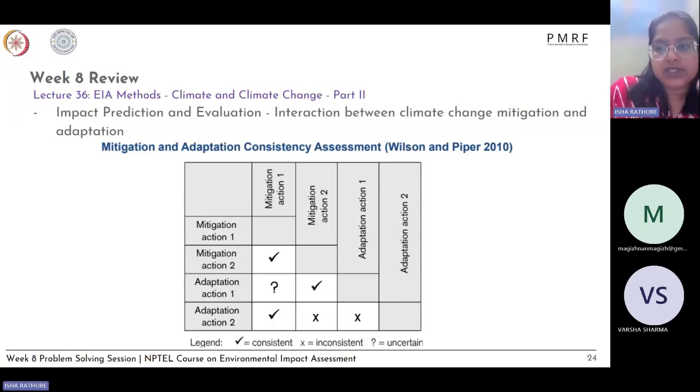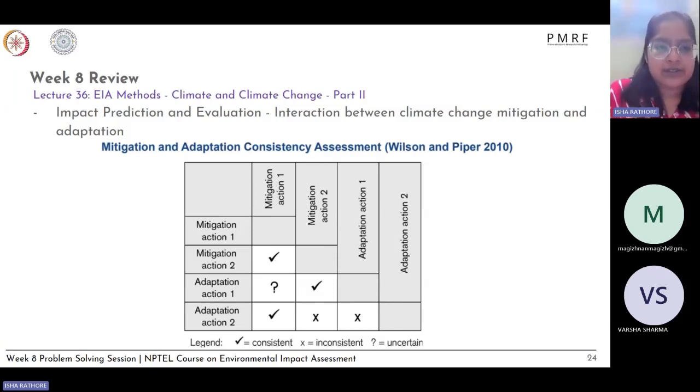So something like this, where you have mitigation and adaptation consistency assessment. This was proposed by Wilson and Piper in 2010. You have different mitigation actions. You make a matrix out of the mitigation actions which you are proposing and the adaptation actions which you are proposing, and you see whether all of these actions are supporting each other or whether they are totally inconsistent with the other actions.